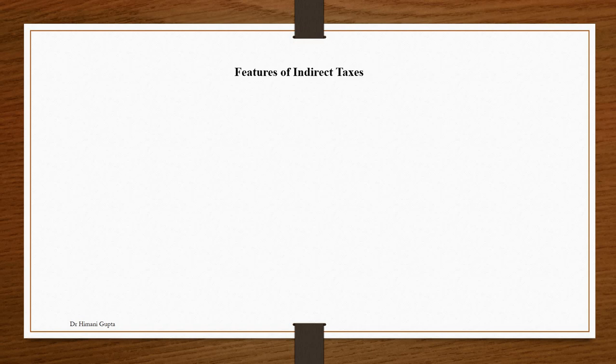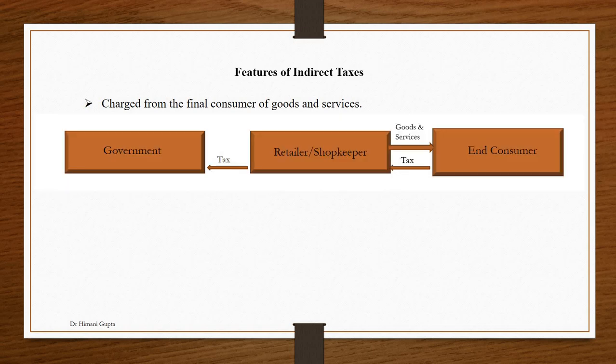Next, we are going to learn the features of indirect tax. The first feature is that indirect tax is charged from the final consumer of goods and services. Let's say over here you are a shopkeeper or a retailer. So you are going to sell goods and services to the end consumer.